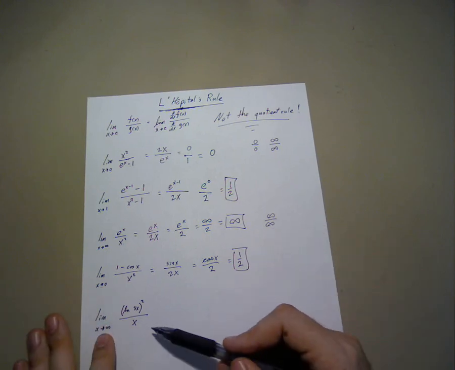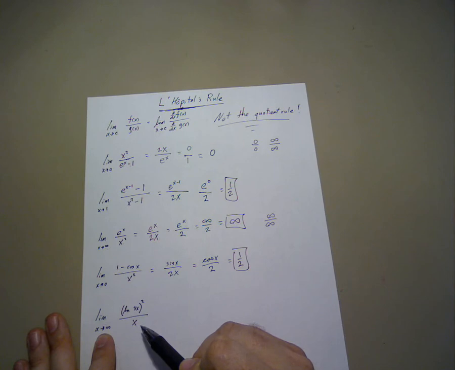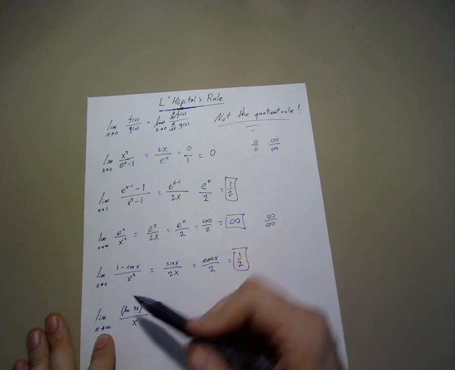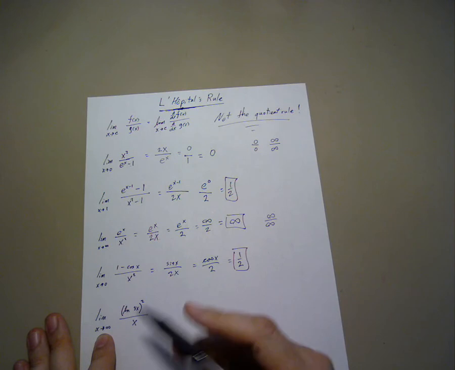One more problem to apply this to, and we'll need to use the chain rule in evaluating this. If we take the limit, first of all, notice we have an infinity over infinity form.